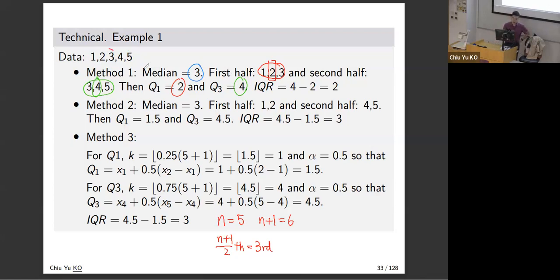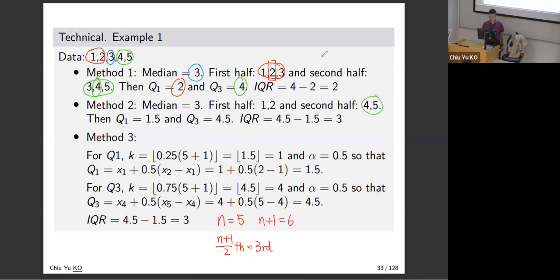In this case, the median is 3. Under method 2, you divide the data into 2 parts, ignoring the median. So the first part is 1 and 2. The second half is 4 and 5. The median is just 3.